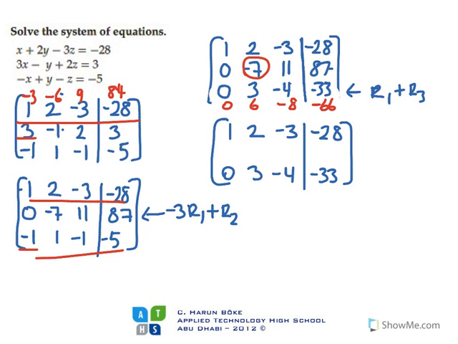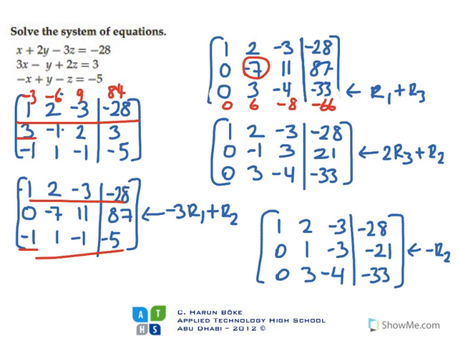So if I add, it will be 6 minus 7 is -1, -8 plus 11 is 3, and -66 plus 87 is 21.